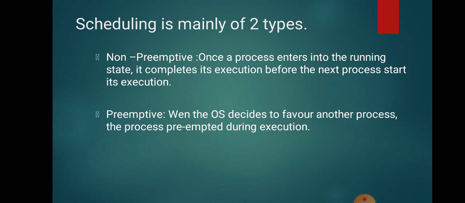This means that when the OS decides to favor another process, the running process is preempted during execution. The operating system decides, for example, that P1 entered the running state first, but due to a certain reason it has been blocked, and the next process runs according to the permission of the operating system. That is called being preempted during execution.